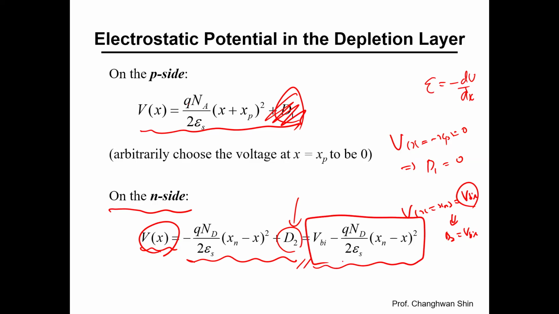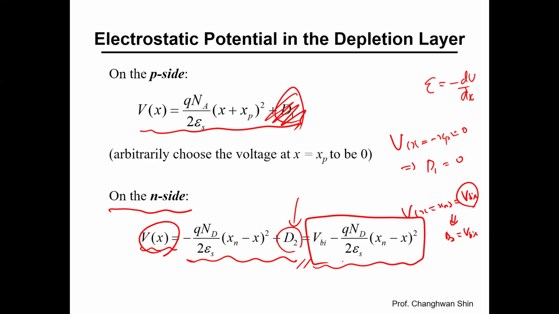Okay. Think of this potential distribution like a hill, starting from the P side at x equals minus xP, which corresponds to an altitude of 0. The potential rises as we move toward the junction, first with a parabolic shape with upward curvature on the P side, then with a parabolic shape with downward curvature on the N side, finally reaching its maximum height, V sub BI, at x equals xN.